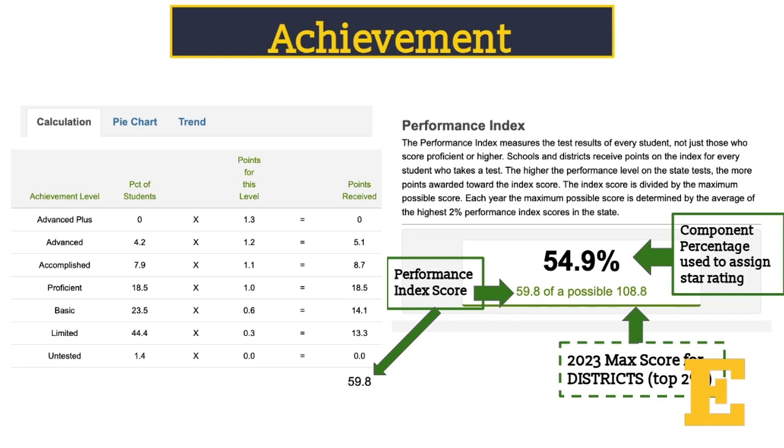That's our performance index score. That score then is divided by the max score for the top 2 districts in the state, and that's how they come up with our component percentage that's used to assign our star rating. So we earned a 54.9%.